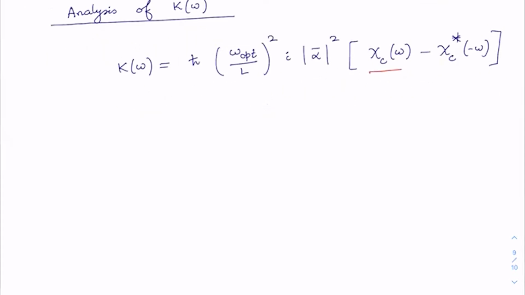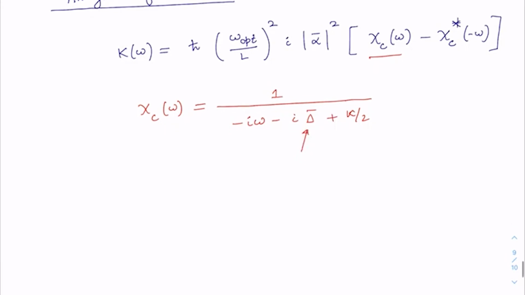Here chi c is the cavity susceptibility, and it is given by chi c of omega is equal to 1 divided by minus i omega minus i delta bar plus kappa by 2, where delta bar is the modified detuning parameter, and this is actually equal to delta plus omega optical by L times x bar.